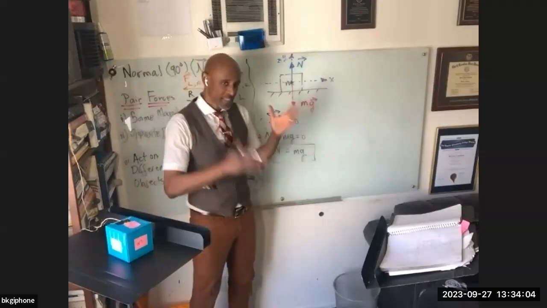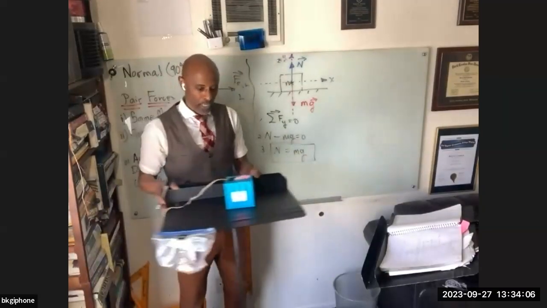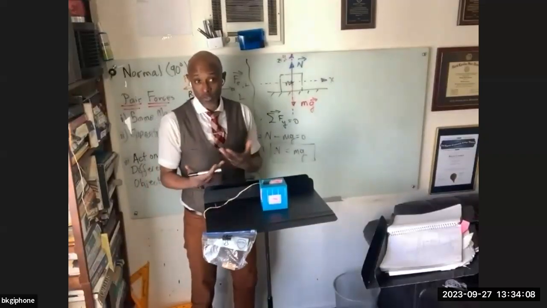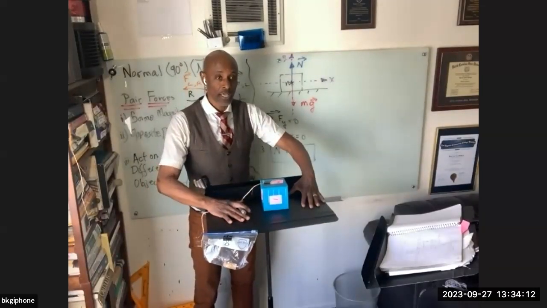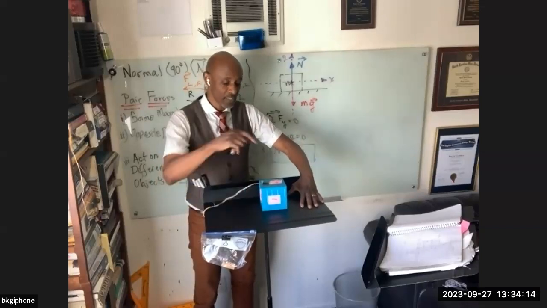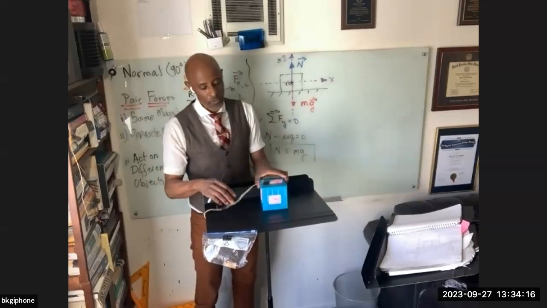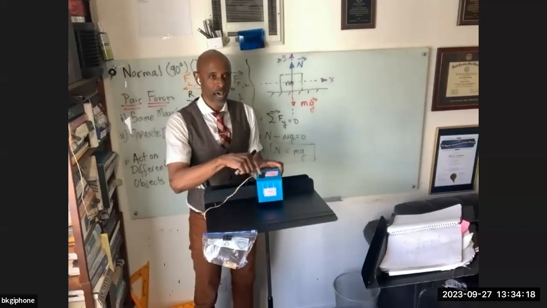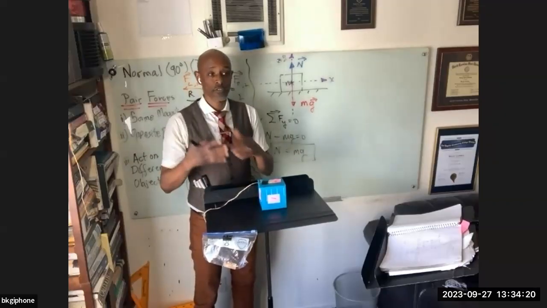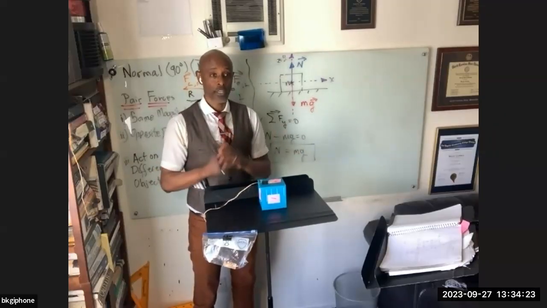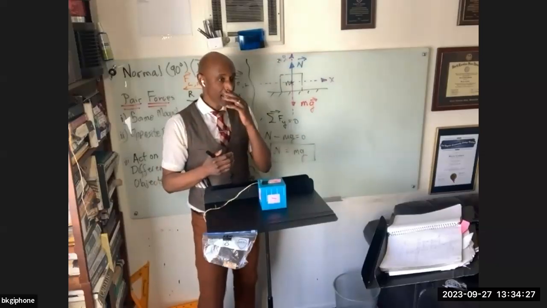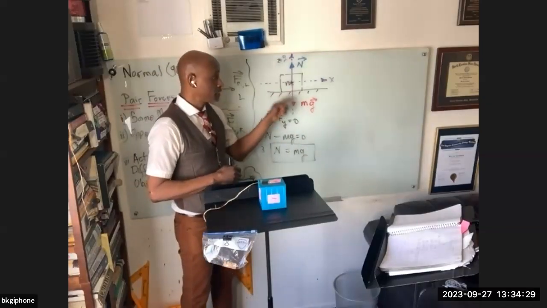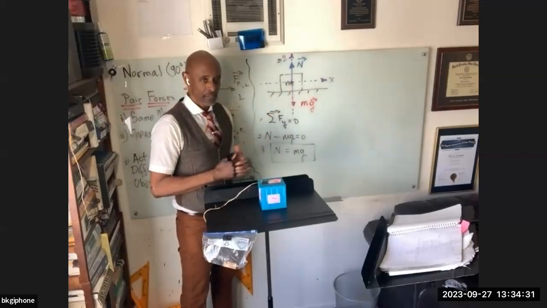So when we take that example and bring it back to this object, the answer that I'm looking for is that the normal force is coming from the tabletop. And it is not on the tabletop, it is on the block. It is the force of the tabletop pressing on the block, just like you have the force of a chair pressing on you when you're sitting on it. So both of these forces are on the block.